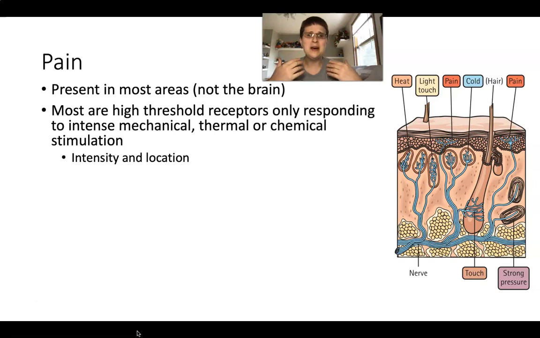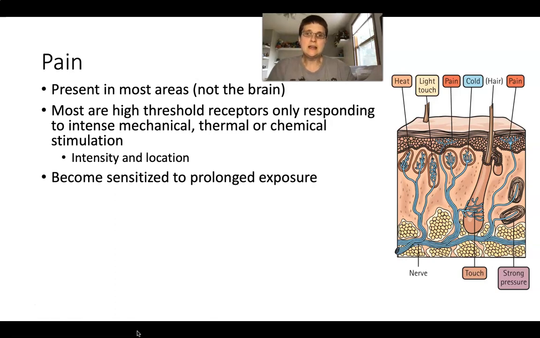There are areas on your body where the same injury is going to hurt a lot more than if you did it somewhere else. Most of the time, if you do things on your hands or on your toes, it's going to hurt more and create more pain than if you did the same sort of injury on your arm. That's because the pain receptors in your hands and in your feet are going to fire at a slightly lower threshold, and you usually have a few more of these pain receptors in those areas.